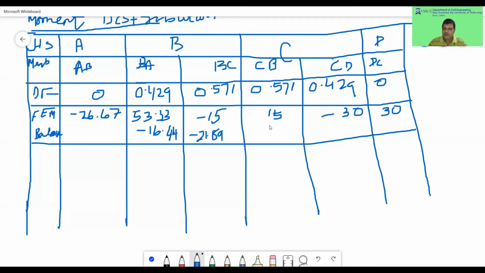So what is the unbalanced moment? That is minus 30 plus 15. Minus 15, you have to apply plus 15. So plus 15 into 0.571 will come here. So it will be 8.57, and here it will be 6.40.